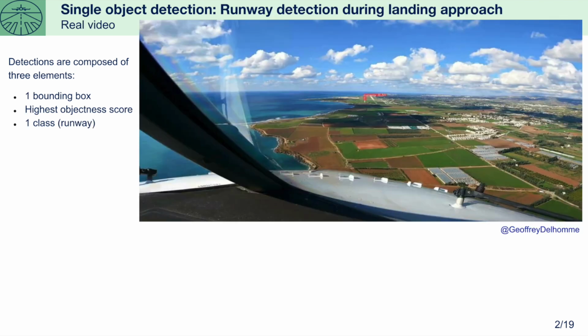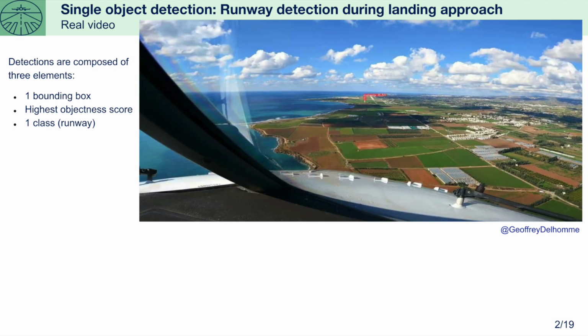And in our study, we narrow our focus to single object detection, dealing with only one bounding box, the one with the highest objectness score, and one class, runway. Essentially, we are focusing on vision-based landing.